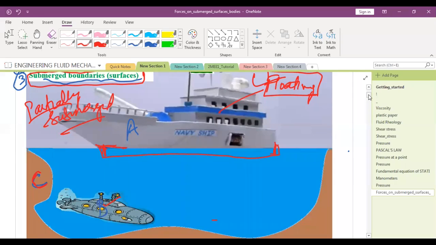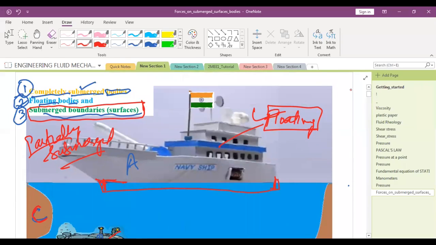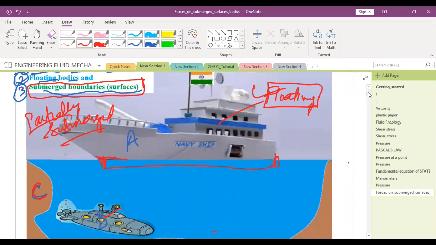So the sea floor is a surface which is submerged, and in today's lecture we will be considering bodies with surfaces which are submerged. So tell me, one minute, does a ship have any surface which is submerged? The bottommost part is the submerged surface. In a submarine, the entire body surface is submerged. So what is the difference between a submerged surface and a submerged body?